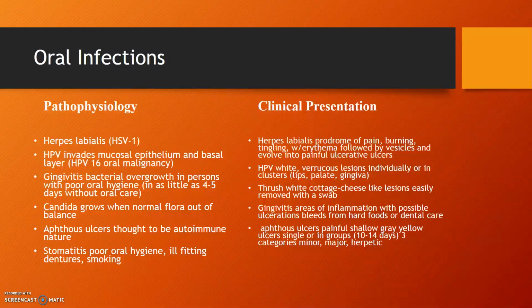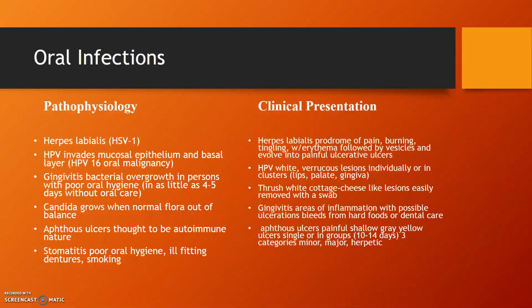Gingivitis is bacterial overgrowth in persons with poor hygiene. I thought this was an interesting fact: it can happen in as little as 4 to 5 days without oral care. So think about our patients in ICU. It wouldn't take very long for gingivitis to start.